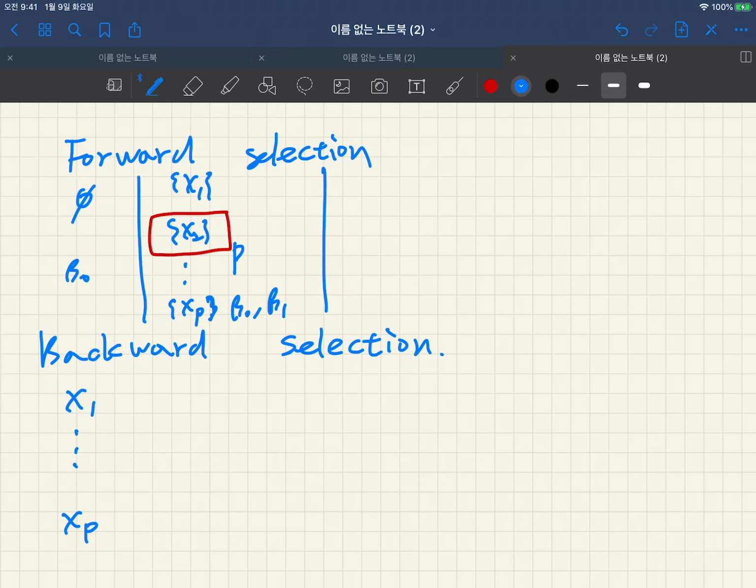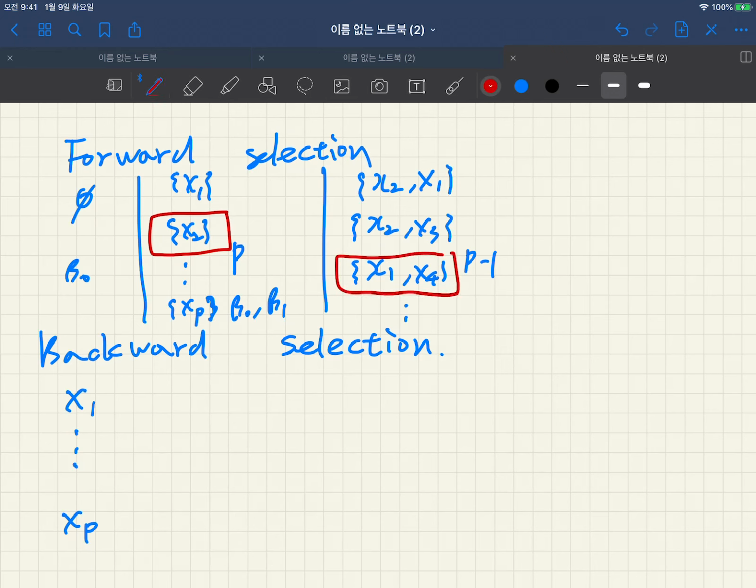In the second phase, since you have x2 from the previous step, you still have p minus 1 remaining input predictors. So what should we do next? We just add the remaining predictors one by one, so here x1, x3, x4, and so on. Then train each model and see the RSS value. Let's say this is the best. Okay.